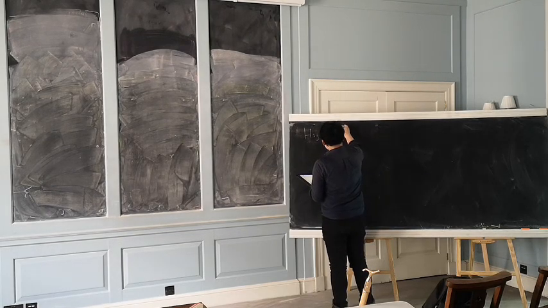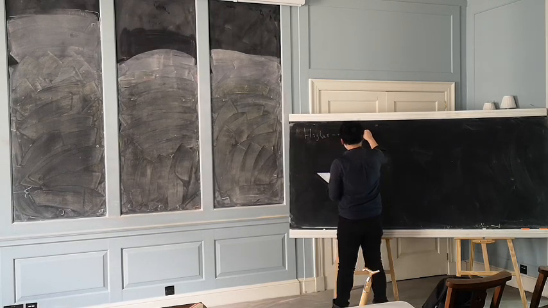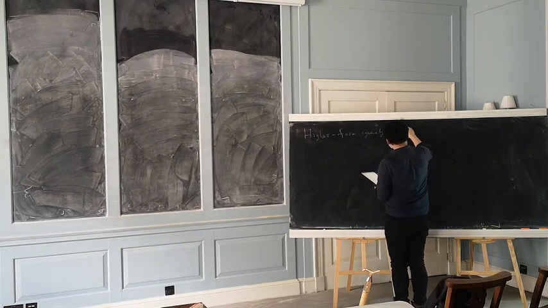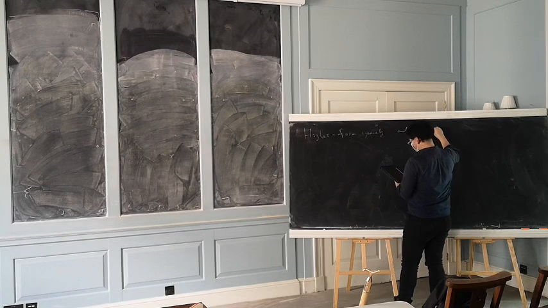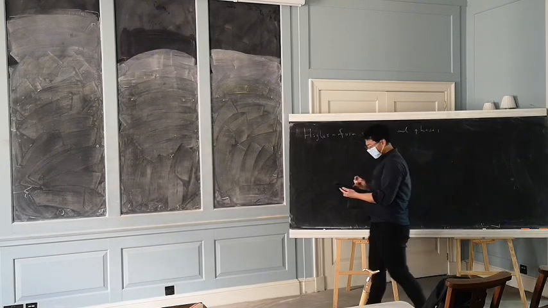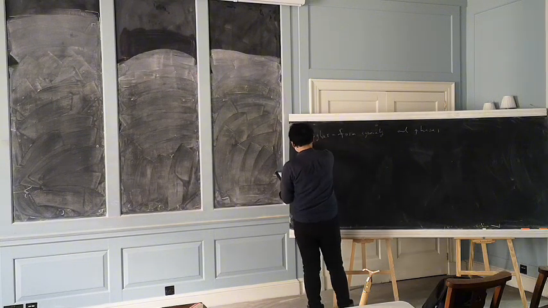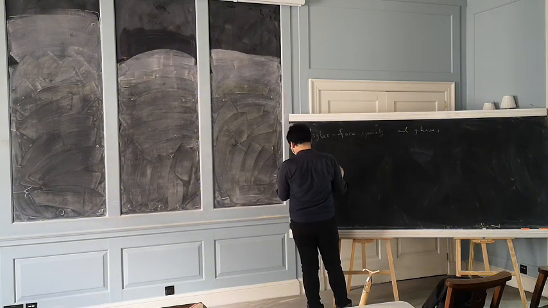So today I will focus on higher-form symmetry and phases. Okay. So I've already briefly mentioned higher-form symmetry in a previous lecture, but let me just write down the formal definition.